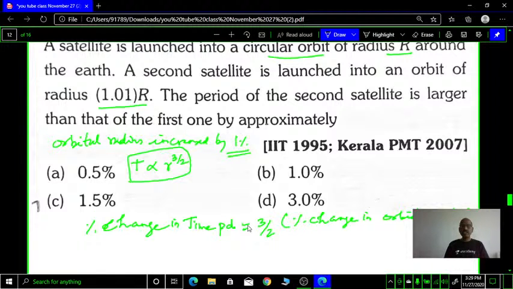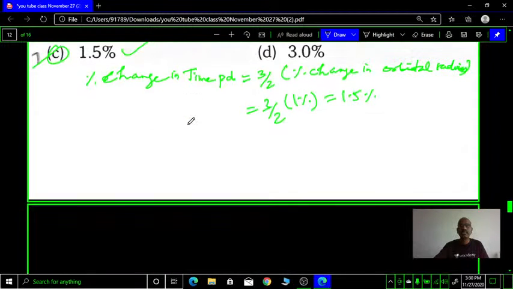So 3 by 2 into how much percentage changed? 1%. So 3 by 2 times 1 is 1.5%. So option C is correct, 1.5%. Let us go for the next question.